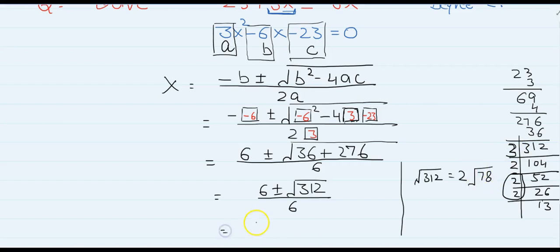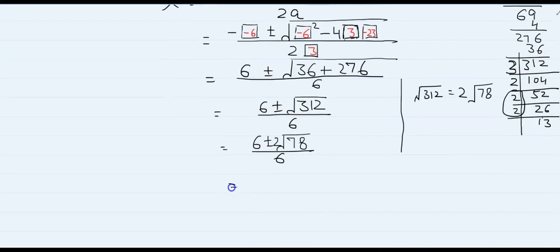So we can write it as 6 plus minus 2 root 78 over 6. So is equal to, let's cancel 2 throughout. We can cancel 2 times 1 is 2, 2 times 3 is 6, 2 times 3 is 6. So our answer will be 3 plus minus root 78 over 3.